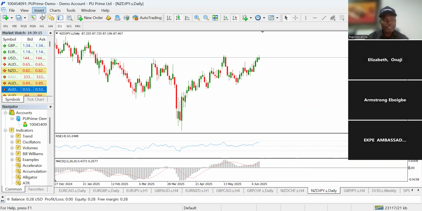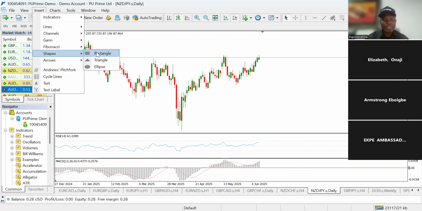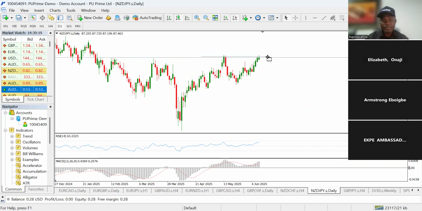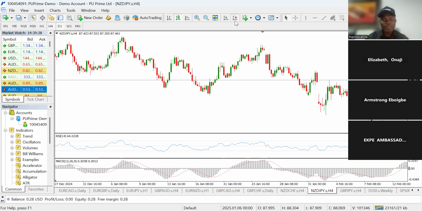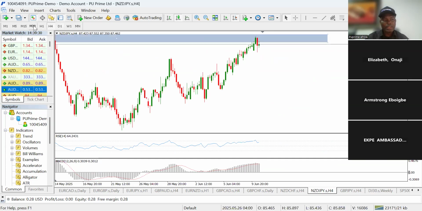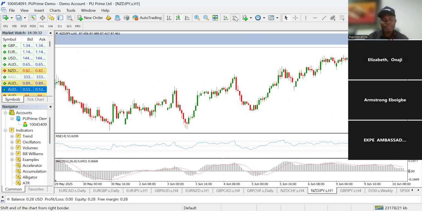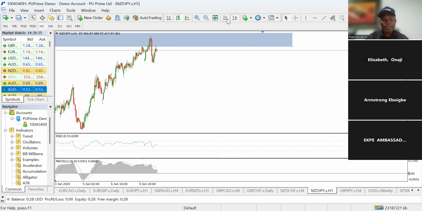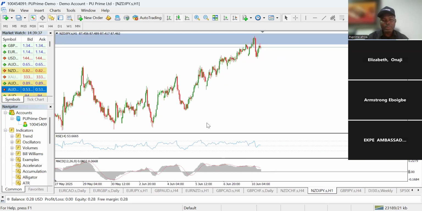We have a resistance level on the daily time frame. Price is trading on the resistance level. So we'll take it down to 4 hour and 1 hour time frame. So 1 hour, just like what we saw on the AUD JPY, we're seeing a head and shoulder, and we expect a downward breakout also.